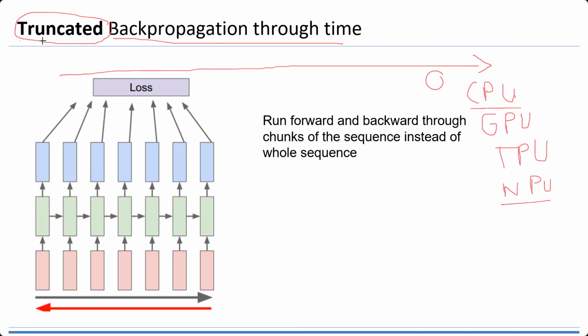So there is a strategy we call truncated. Truncated means we run backward and forward through chunks of the sequence instead of the whole sequence. So we finish this chunk, or we truncate it. We call it, we cut.